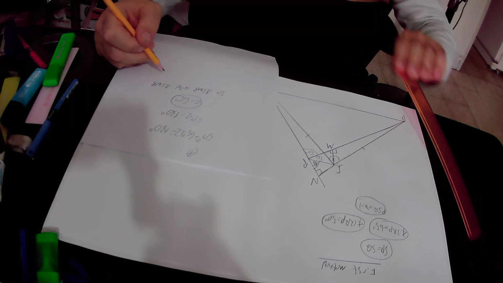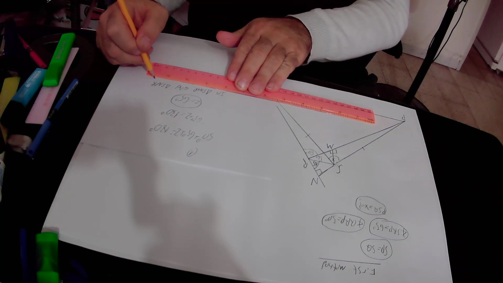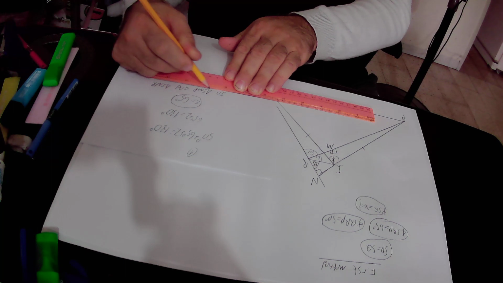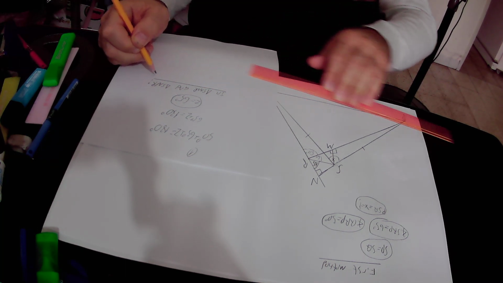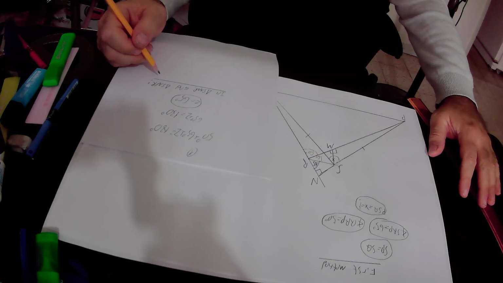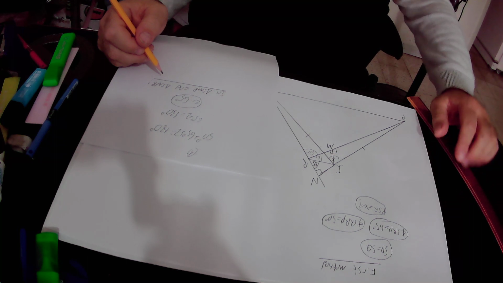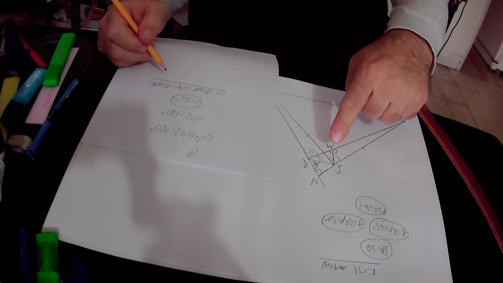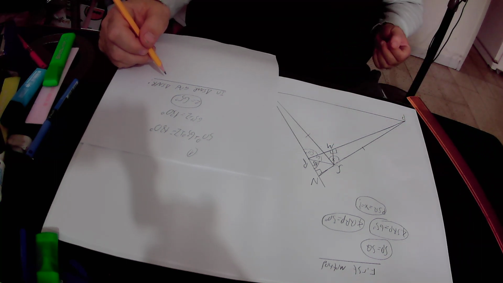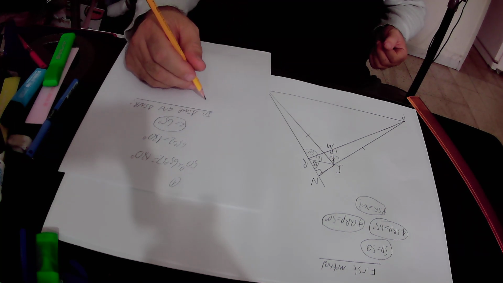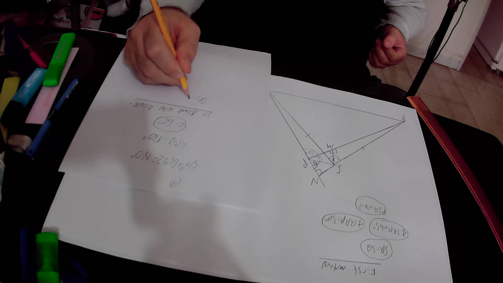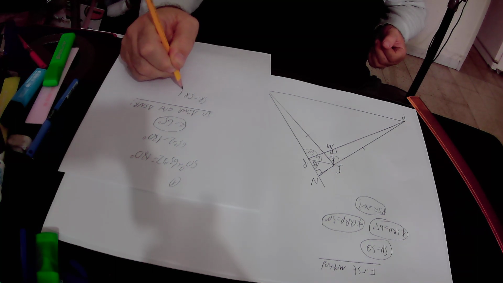We will prove that those two right triangles are congruent. First of all, we have a common side. SR is a common side, it belongs to both triangles, so we can write down that SR equals SR.